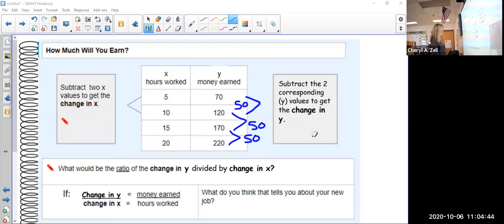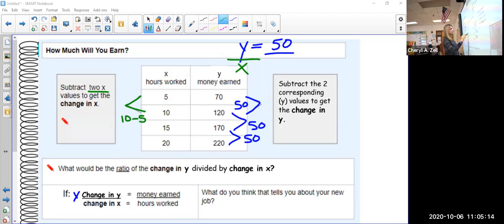So change in y is right down here at the bottom. What would the ratio be? The ratio of change in y divided by the change in x. So the change in y is 50. Okay. Now let's look at the x. Subtract the two x values to get the change in x. So 10 minus 5.